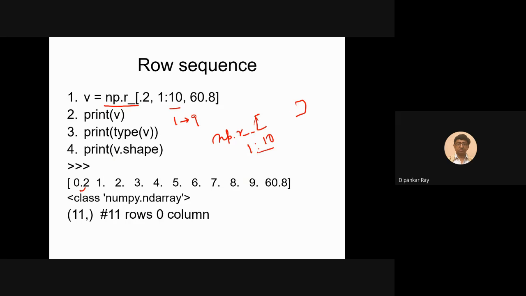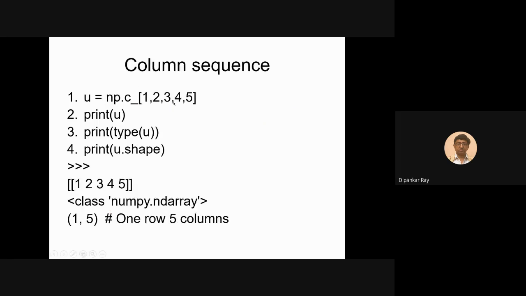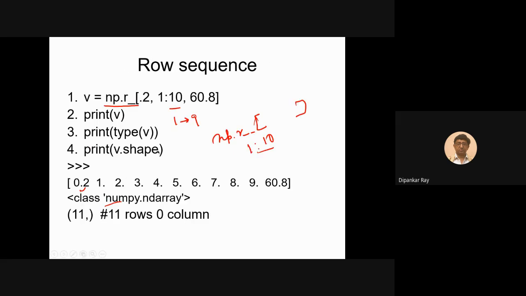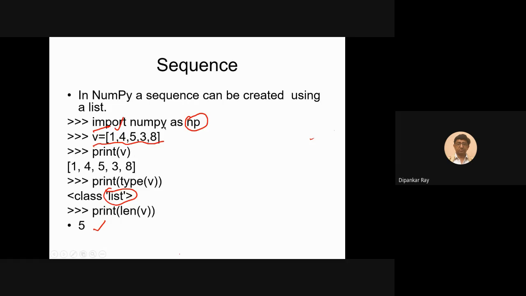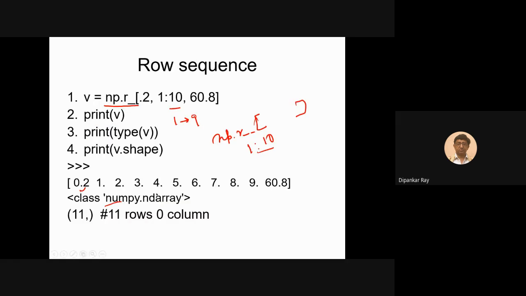So what is the type? The class is numpy dot ndarray. Why np? Because I have written import numpy as np, so instead of numpy, I can write np also.